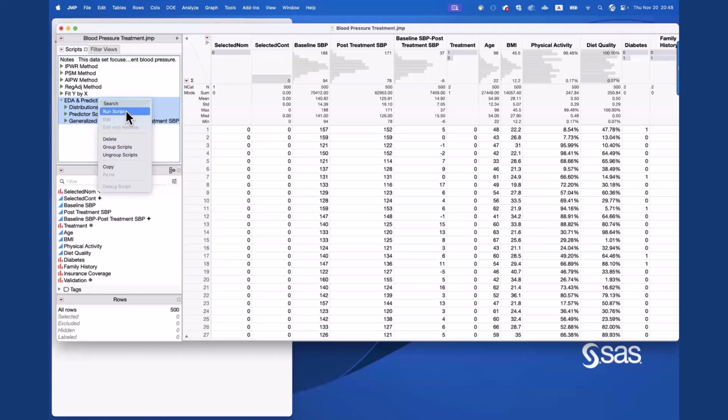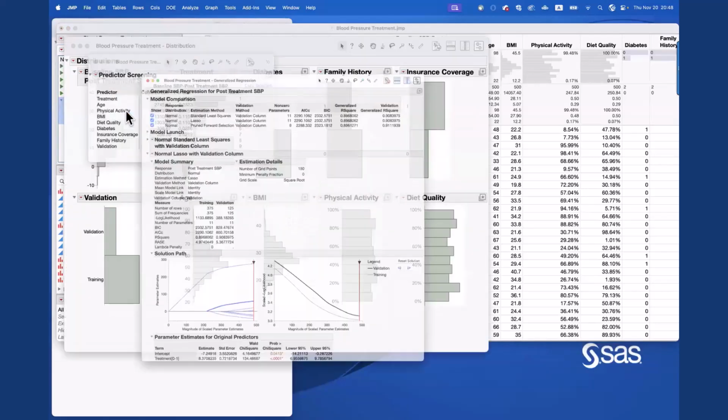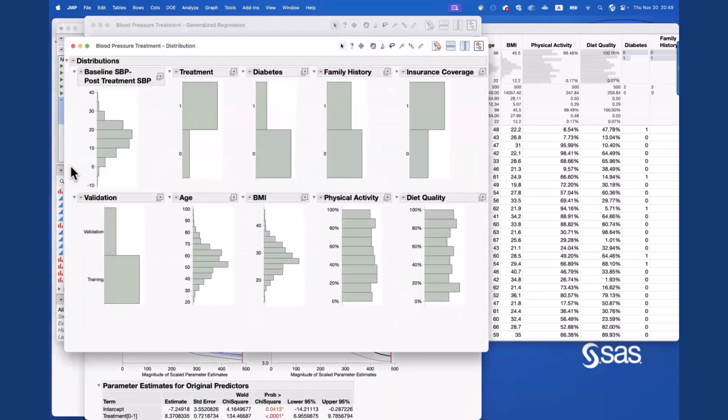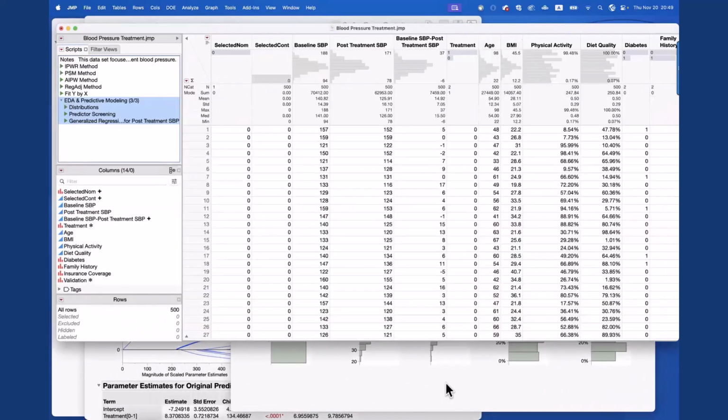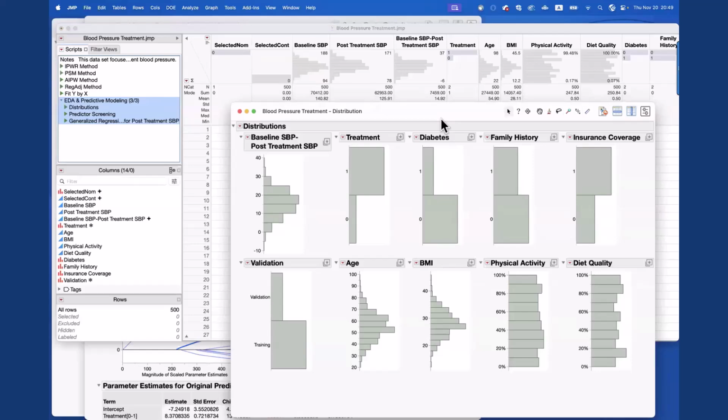What are the typical things we're going to be able to do? Well, one of them is to look at what happens to this distribution across various levels of other variables. I want you to look right here at this 14.92. That is the mean of this column.